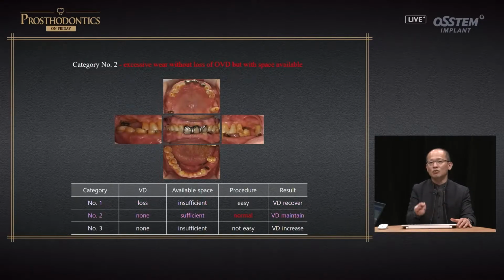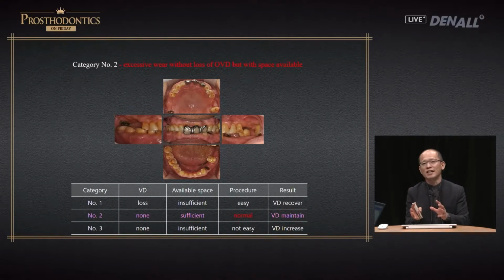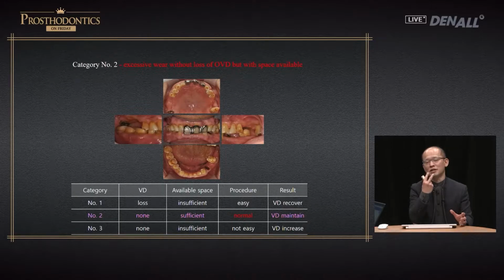But the more challenging cases will be the number 2 and 3 cases. There's a bit of wear for category 2, but there is limited space available. Then aesthetics-wise, if it's okay, using the current VD will be okay, or a slight increase of VD will do.